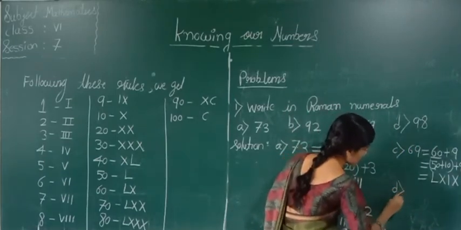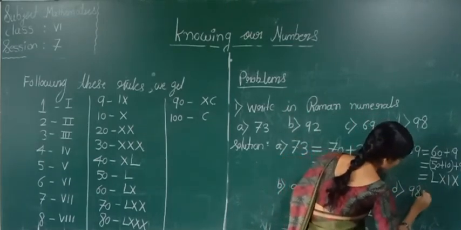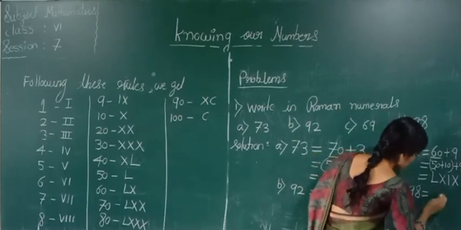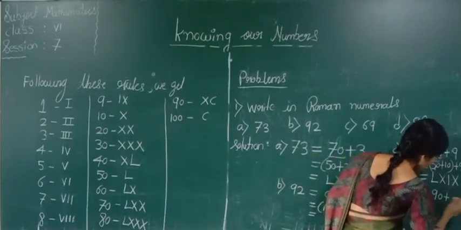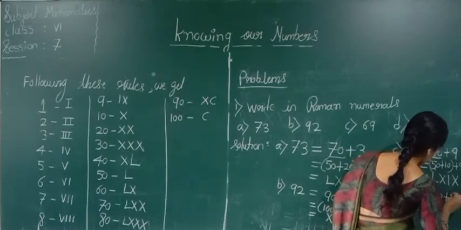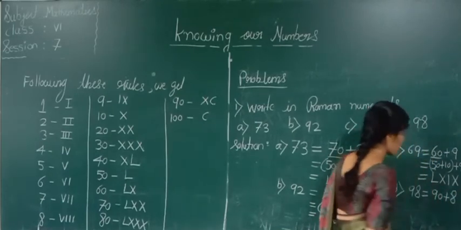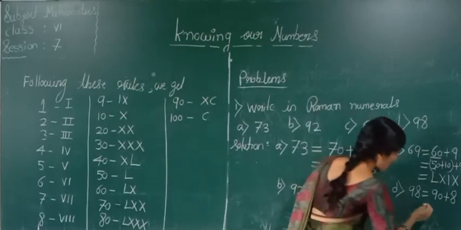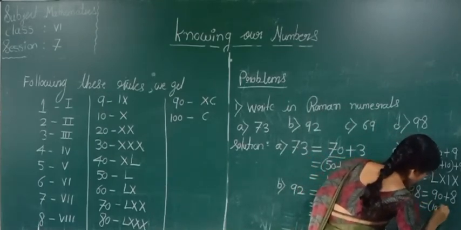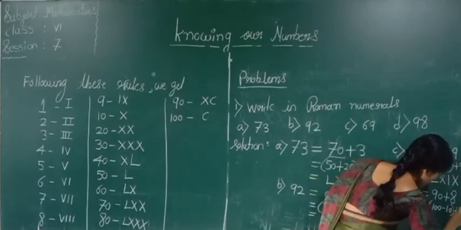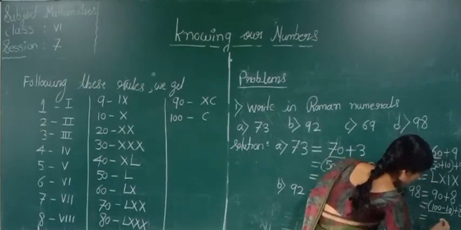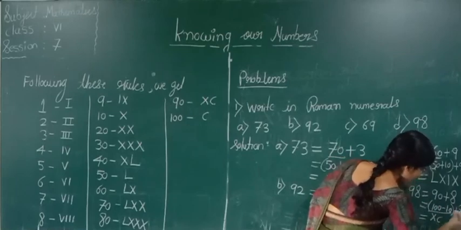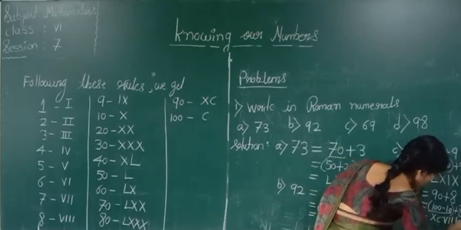We will see now D, 98. 98 can be written as 90 plus 8. Okay, 90 plus 8. How will we write 90? 100 minus 10 plus 8. We know how to write 90, right? XC, and 8 is 5, 6, 7, 8.